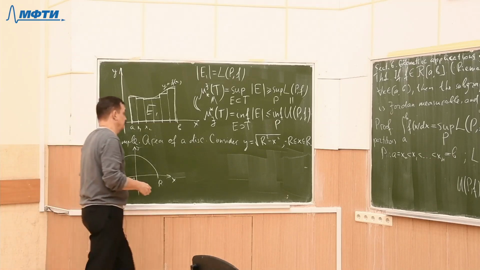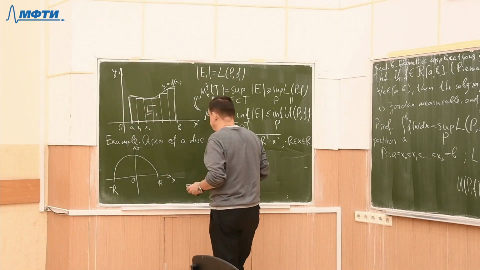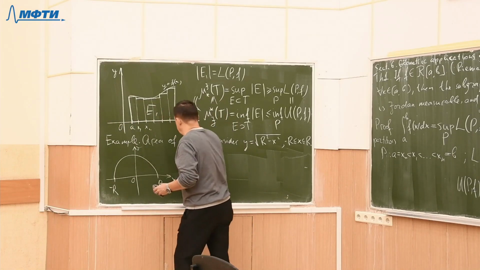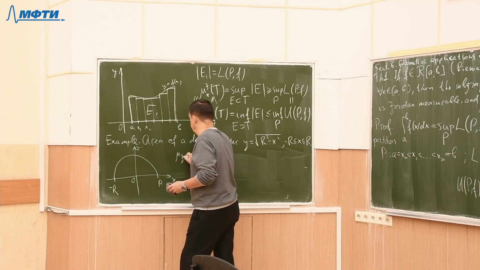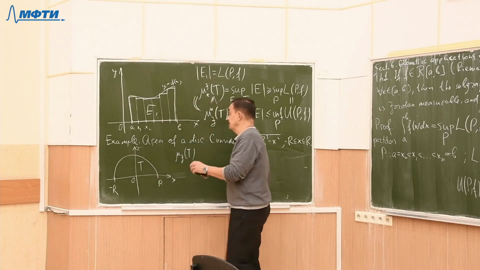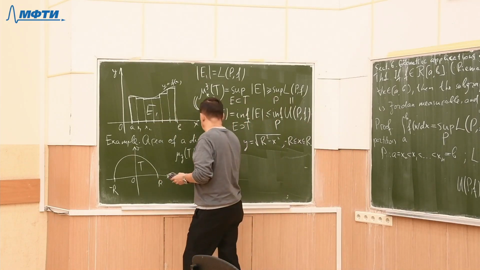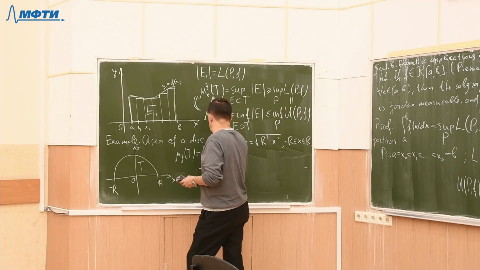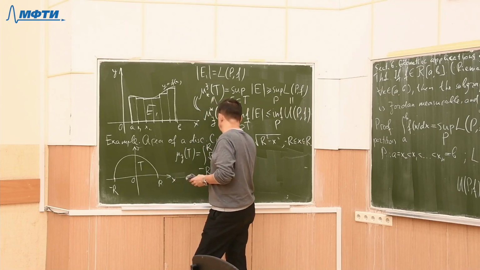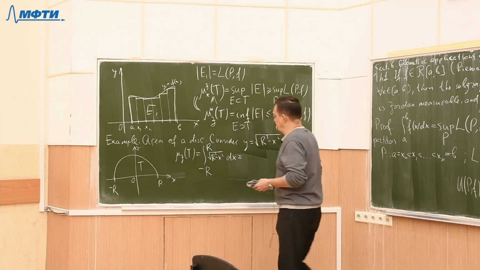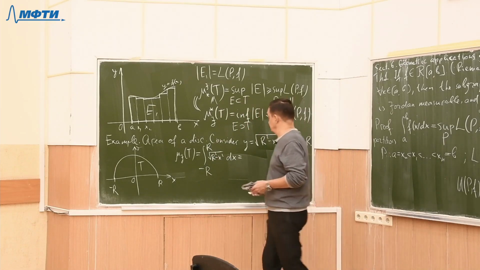And according to our theorem, the Jordan measure of this T, which is a semi-disk in fact, is equal to the integral from minus r to r of our function. And we can compute this integral easily.